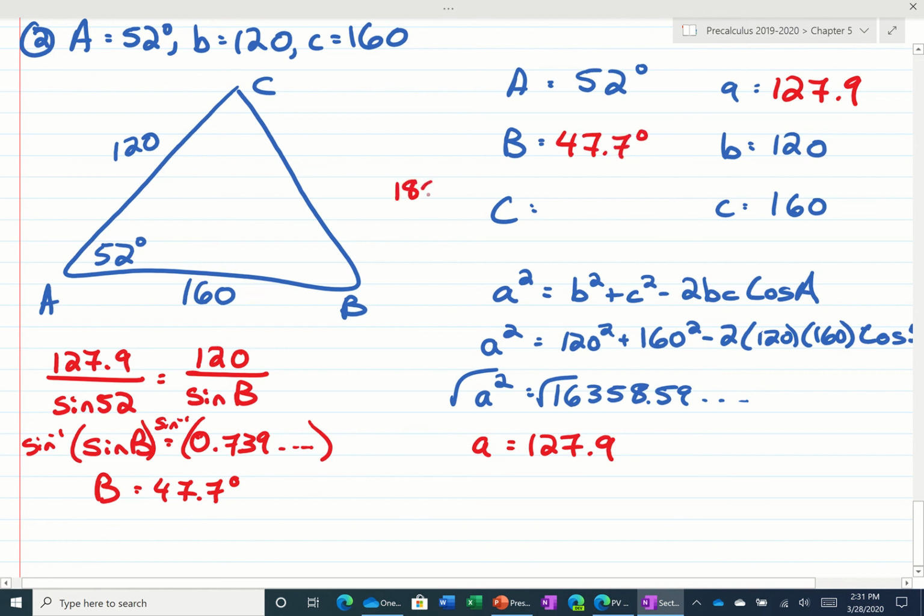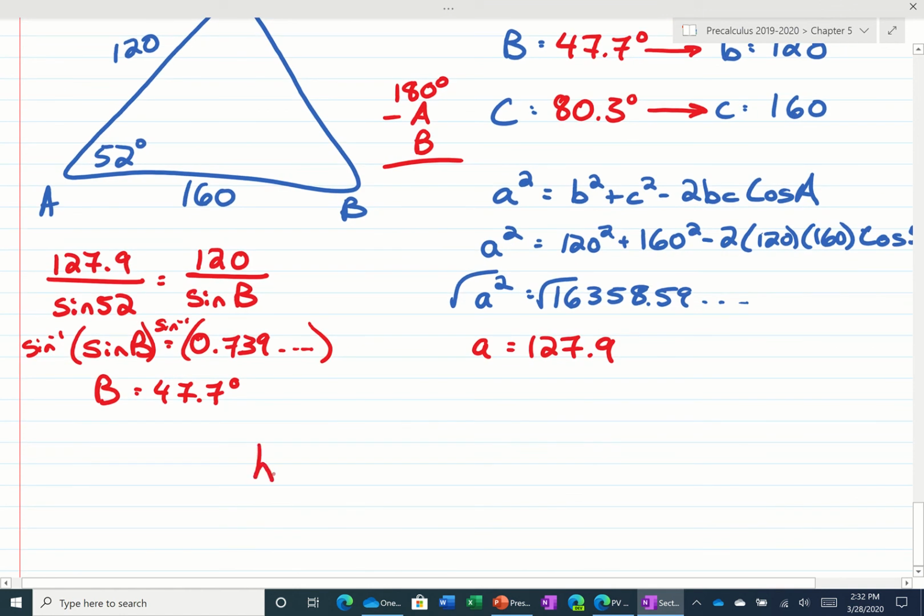So if we do 180 minus A and minus B, let's see what that is. 180 minus 52 minus 47.7. The calculator is telling me it's 80.3 degrees. All right, so largest angle, largest side, smallest angle, smallest side. So everything worked out fine here.